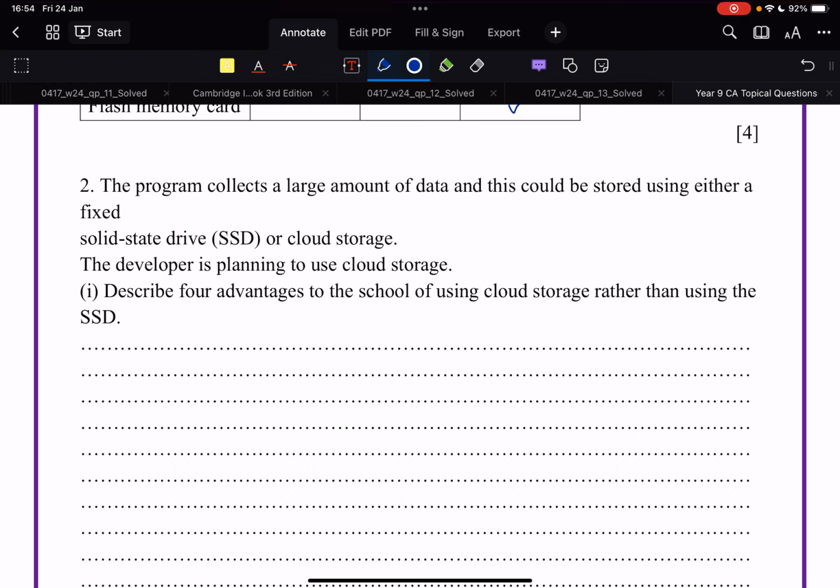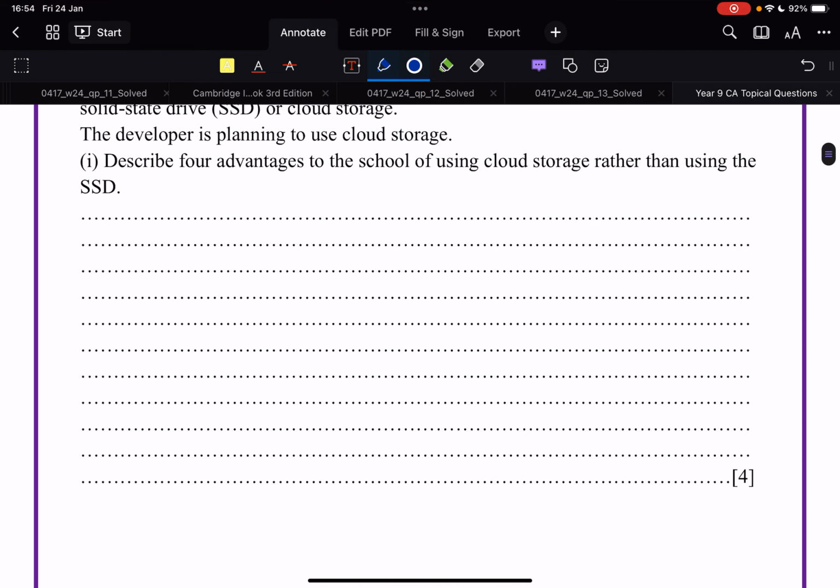So what becomes the advantage to a school? You have to relate this question to a school using cloud storage. A school decided, I want to store all my information on remote servers instead of in the solid state drive. What becomes the advantage? So let's look at it together.